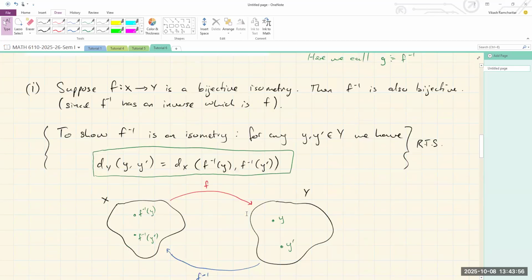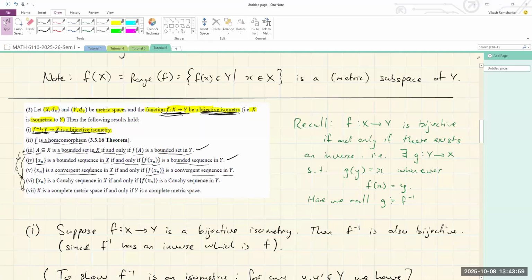This is saying that if you take any convergent sequence in X, then you can move it forward into a convergent sequence in Y. What I'm saying is that you could go the opposite way as well. If you take any convergent sequence in Y, you could pull that back to a convergent sequence in X, and that's because f is a bijection. So X and Y could be interchanged. So you can move back and forth between convergent sequences.